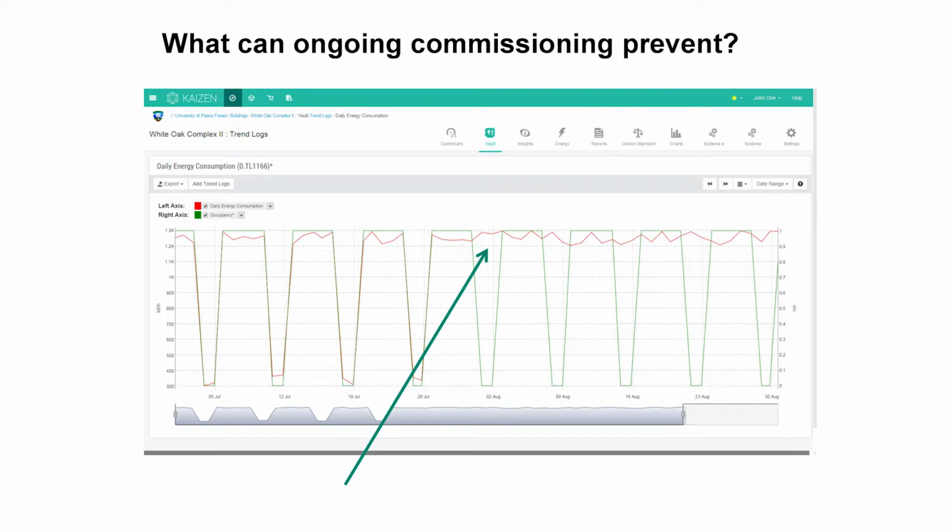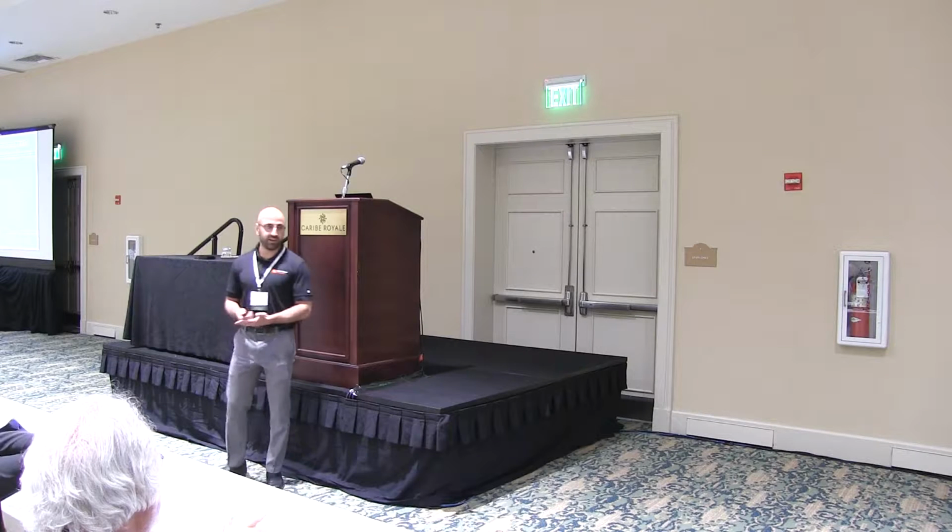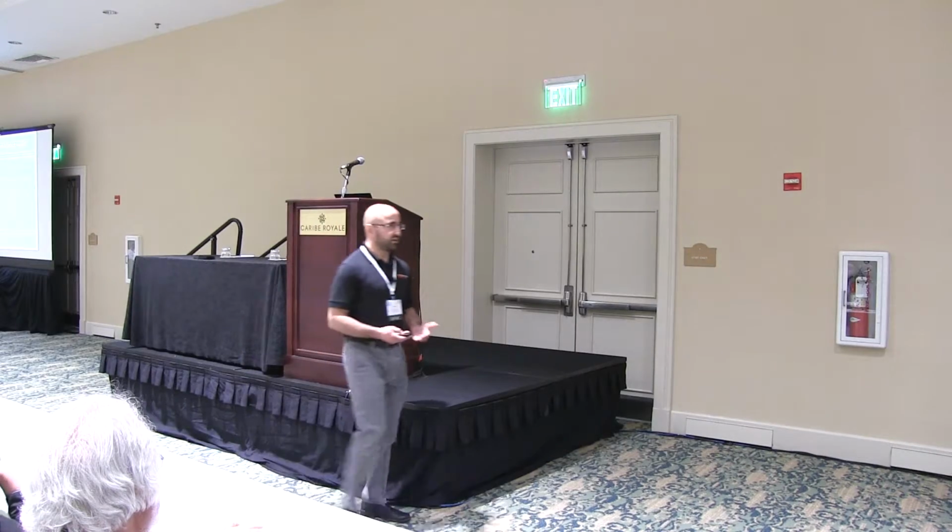This is just an example looking at occupancy and energy consumption, showing that energy and occupancy were in line and then drifted, and something happened, right? And unless you get a report of a setting that was changed by perhaps a building operator, you just wouldn't know about this.